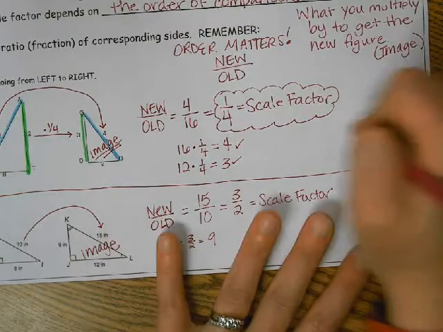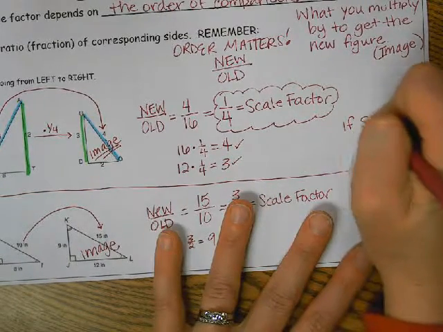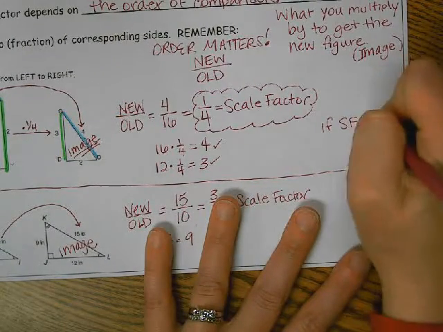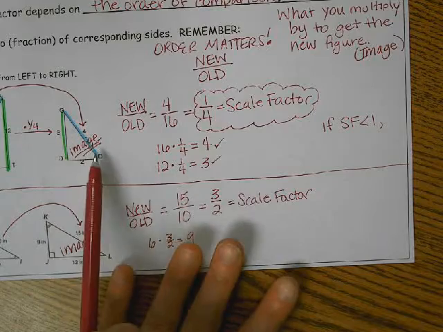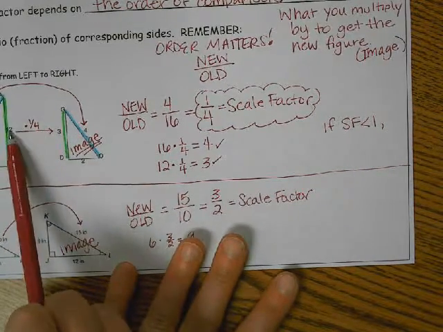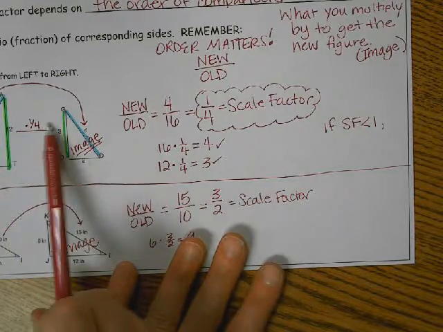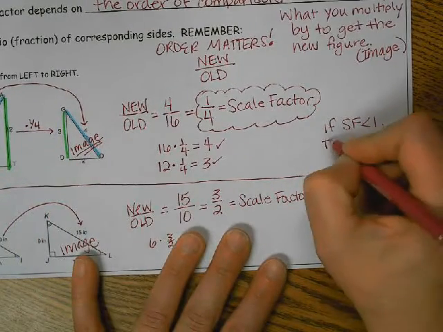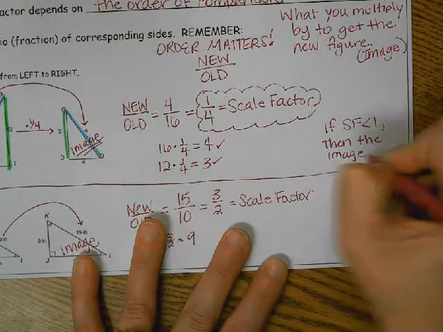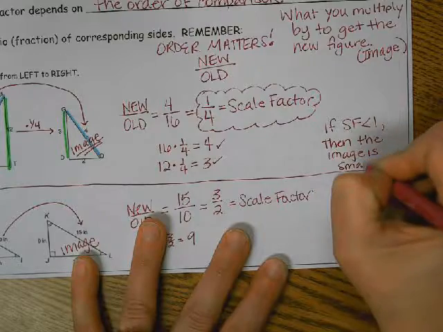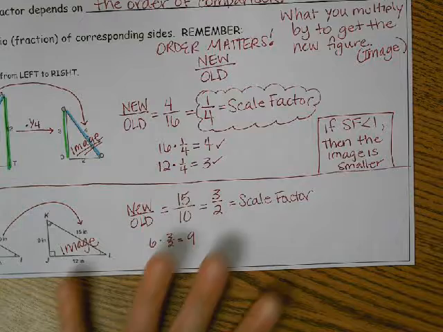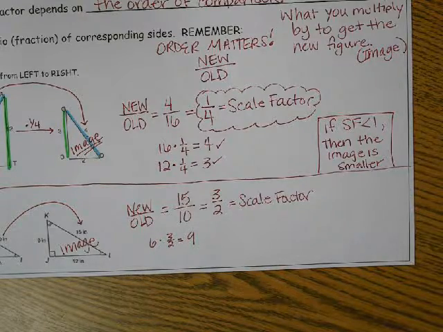Okay? So, if you look at the earlier scale factor, it is less than 1. I'm going to abbreviate scale factor as SF. So if the scale factor is less than 1, what is happening to my image? Is it getting bigger or is it getting smaller? If I multiply this by 1/4, I'm making it smaller. So if the scale factor is less than 1, then the image is smaller.